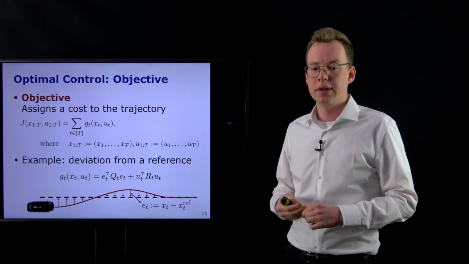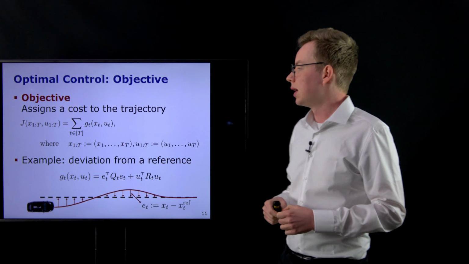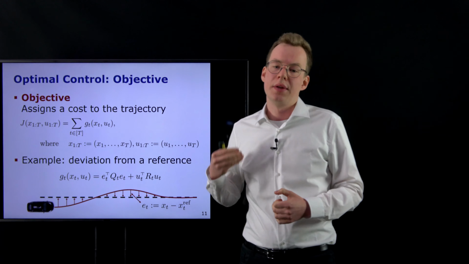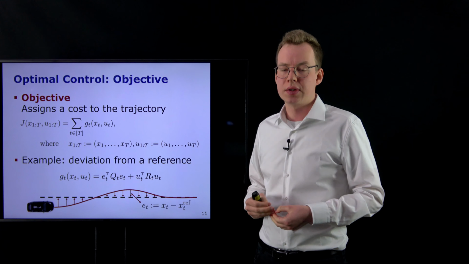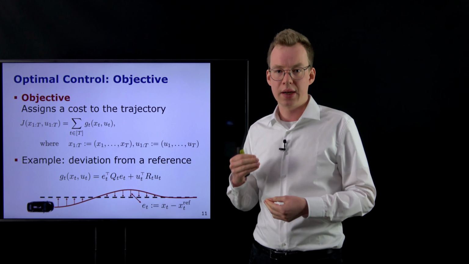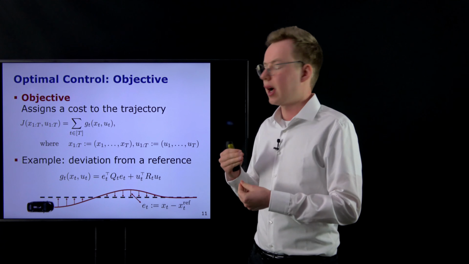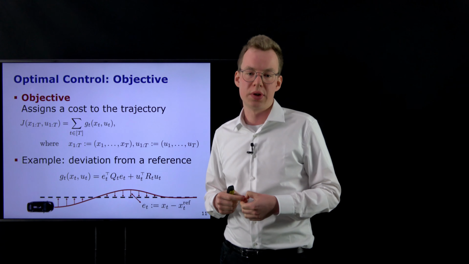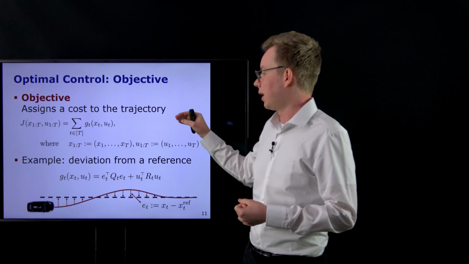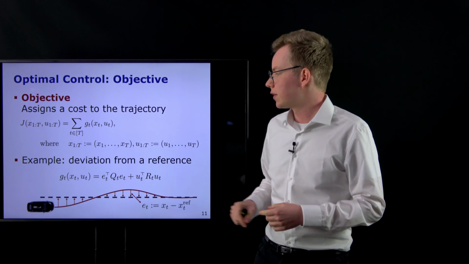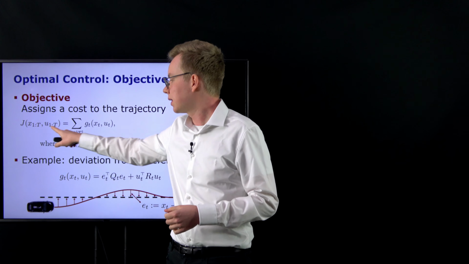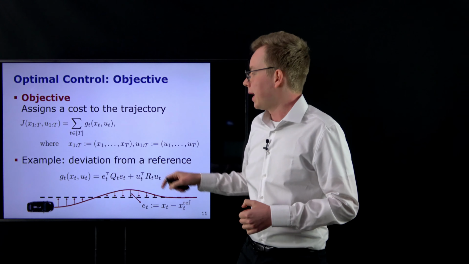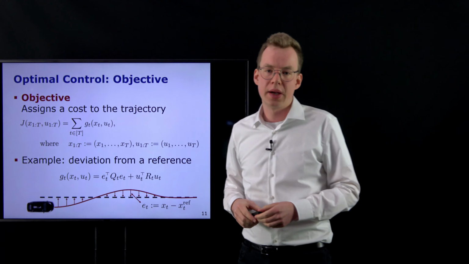Now, once we have dynamics, we also need an objective, and this objective is used to assign a cost to a given trajectory. So it's rating how good a given trajectory is for the task that we try to accomplish. And so this objective is written down as a cost function, which depends upon the sequence of states x and inputs u, and maps it to a scalar.